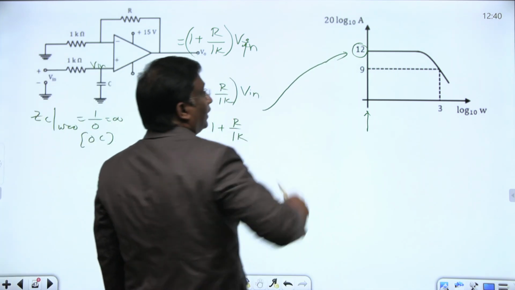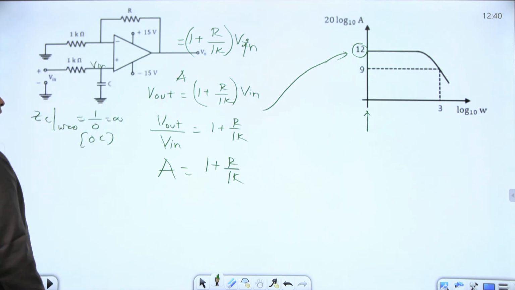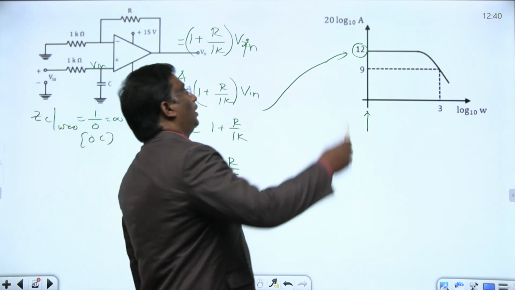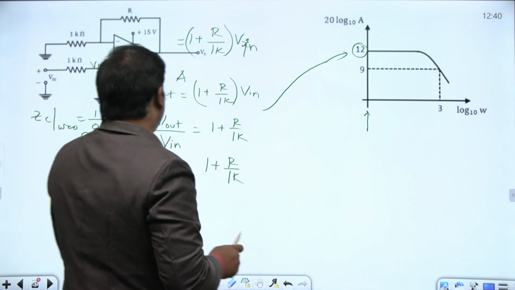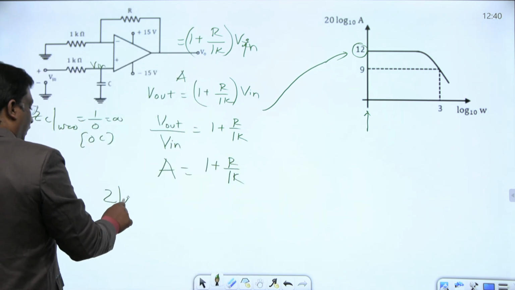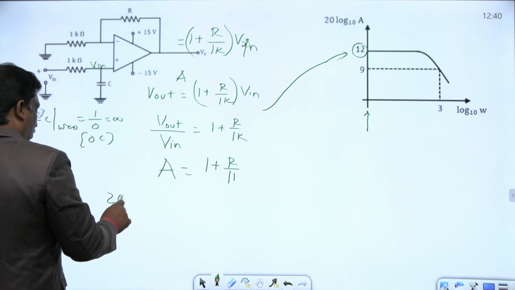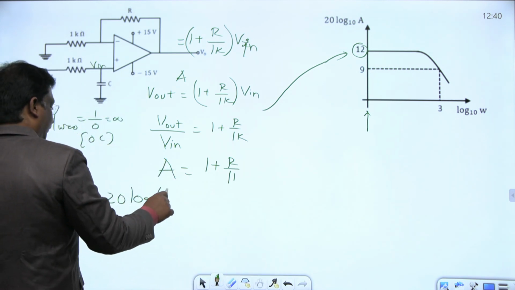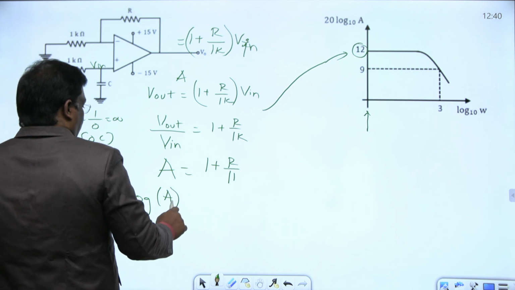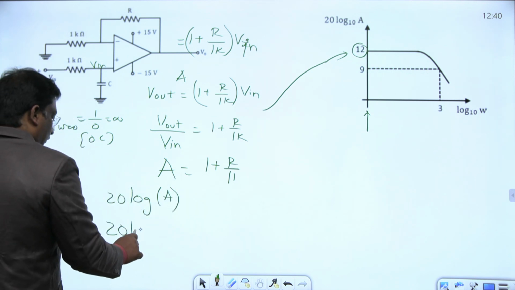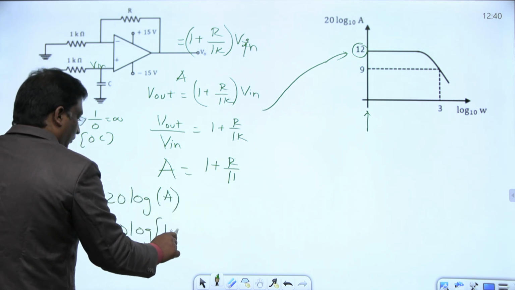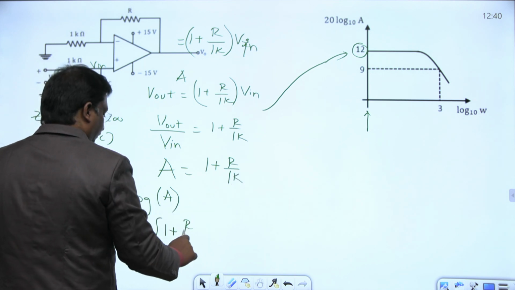Yes, sir. What is the information they gave? 12. But it is 12 dB. 12 dB means 20 log A, base 10. So this is 20 log of, at low frequencies, 1 plus R by 1k.